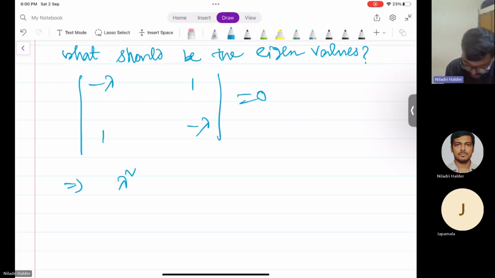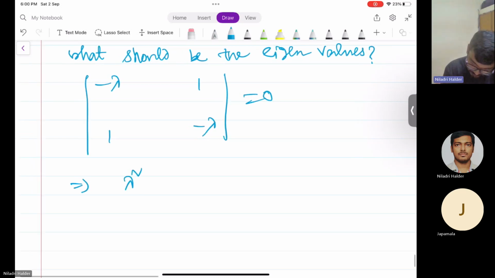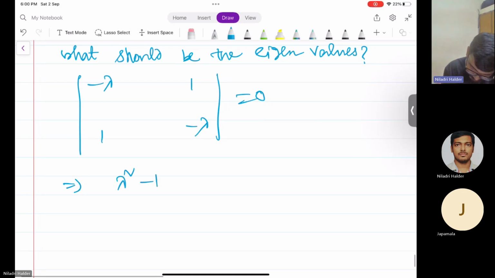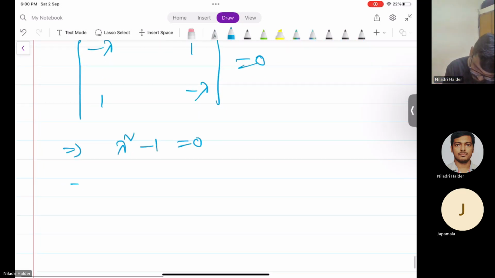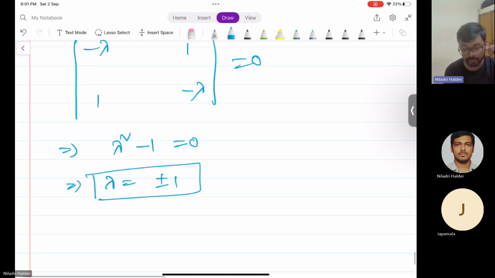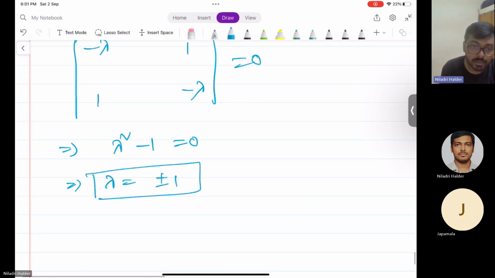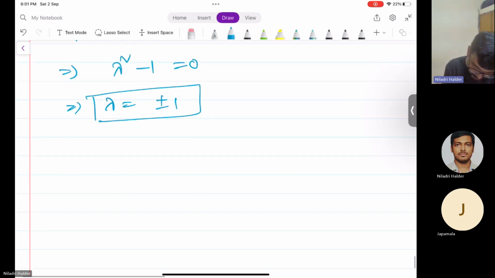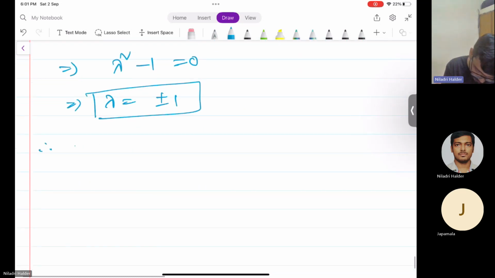So lambda square minus 1 equals 0, so lambda equals plus or minus 1. As negative eigenvalues are also possible, this is not a positive semi-definite matrix.